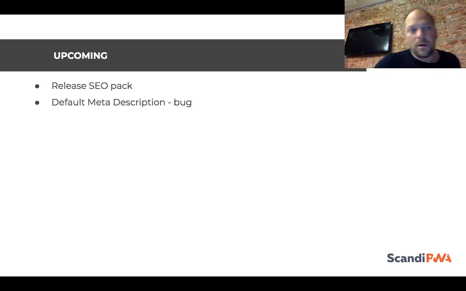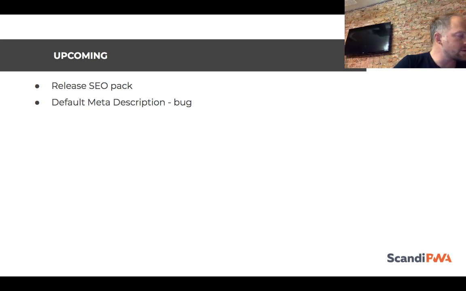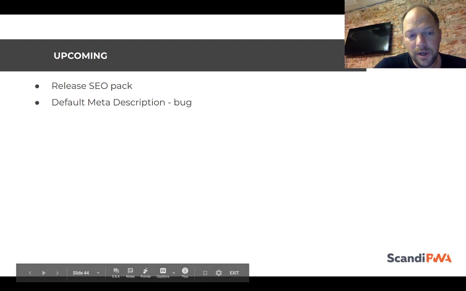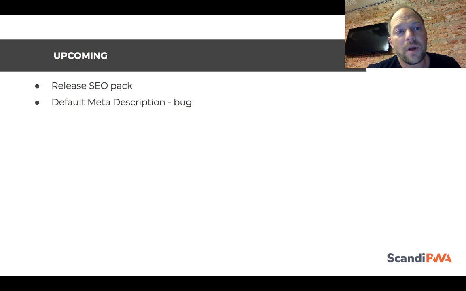We are working on releasing an SEO pack. We're cooperating with one of the SEO pack providers to make sure that it's compatible with the PWA storefront with React. And we also have one minor bug for description.